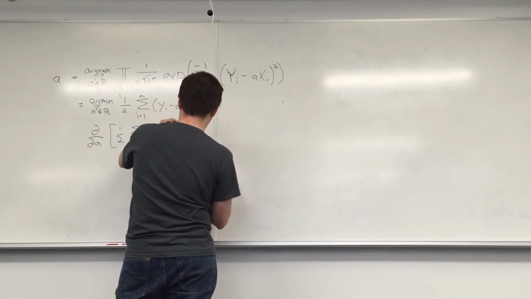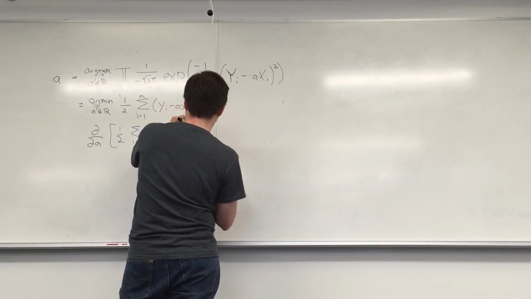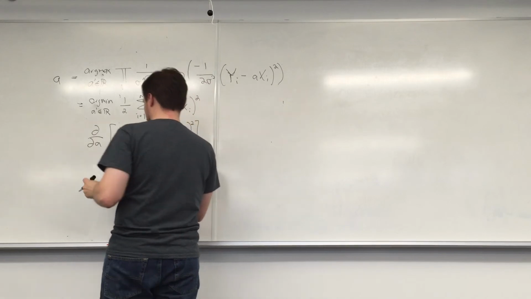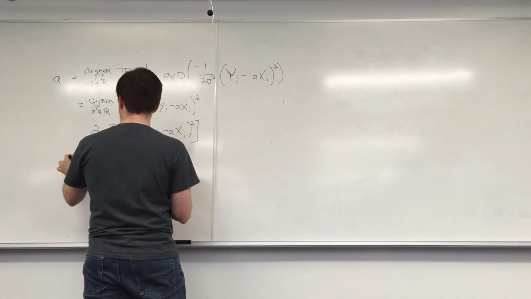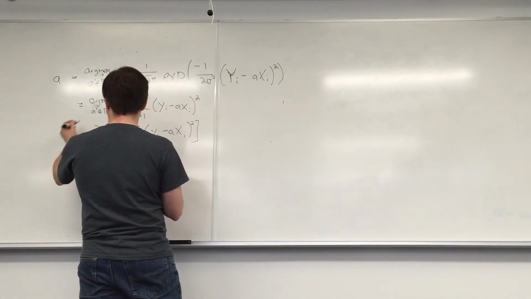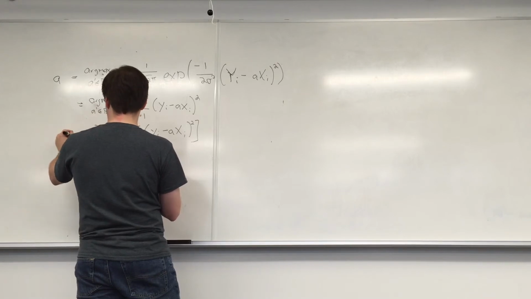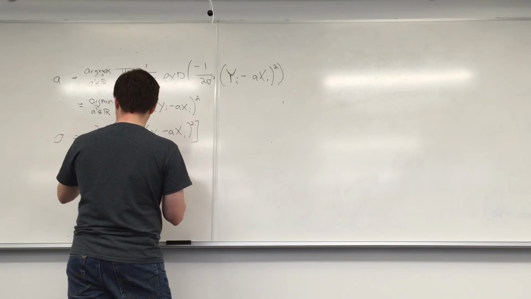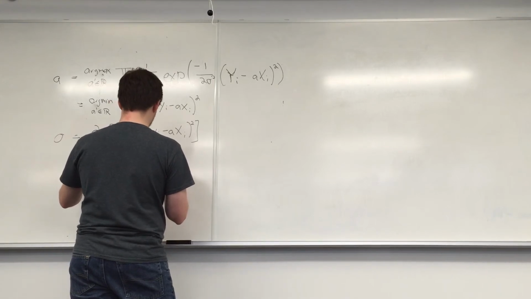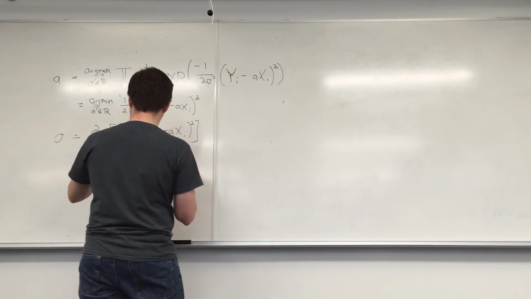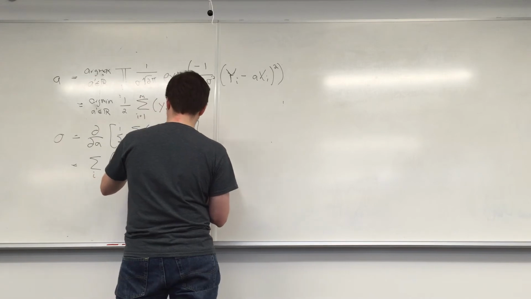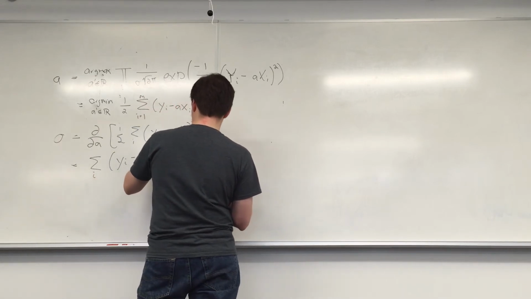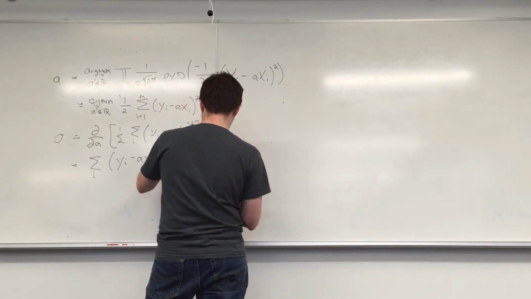Which part are you doing right now? I'm just doing the maximum likelihood estimate. So if I take this derivative, I'm going to set this equal to 0 and solve. So this will be equal to the sum over i of (yi minus a xi) times negative xi.